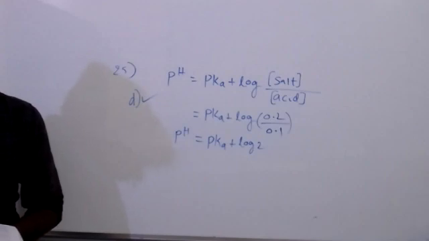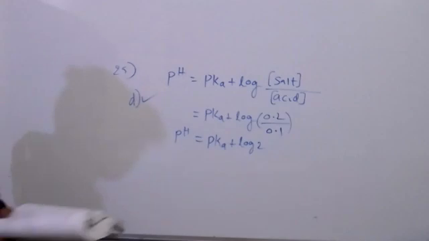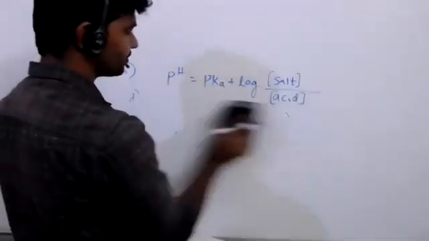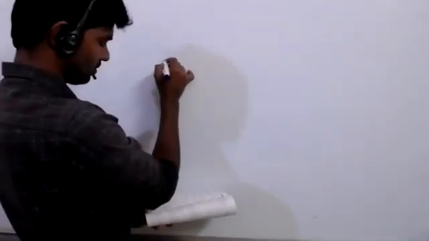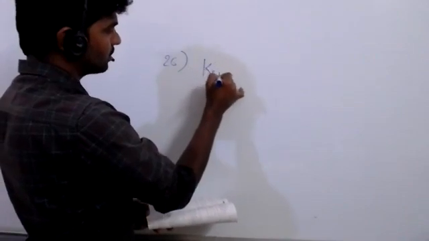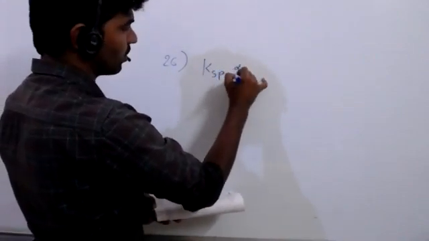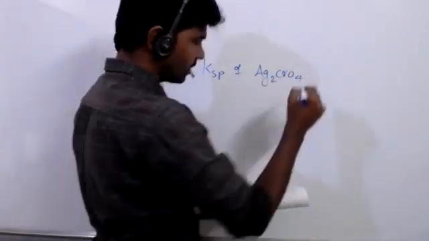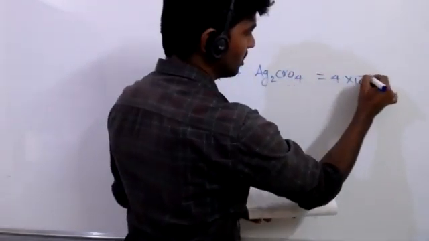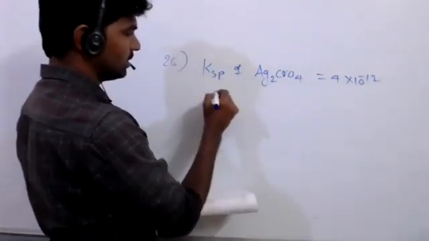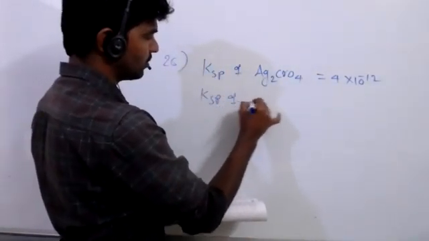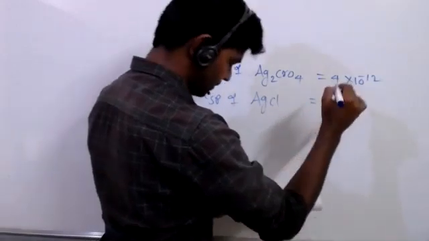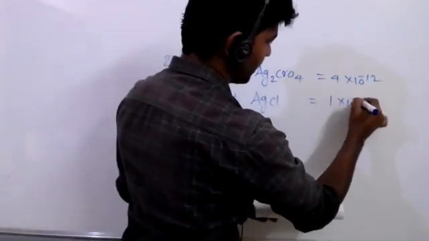Okay. First we'll take the solubility product values. Solubility product of silver chromate is 4 into 10 power minus 12. AgCl is 1 into 10 power minus 10. Fine.